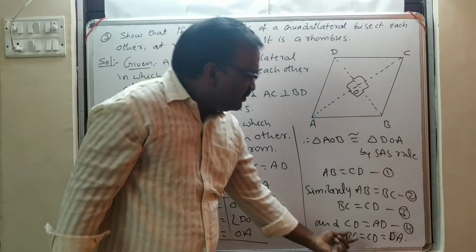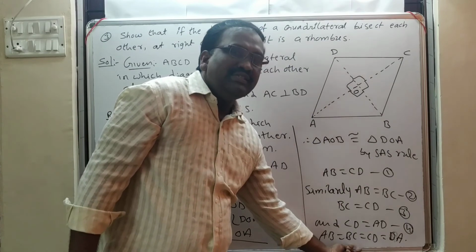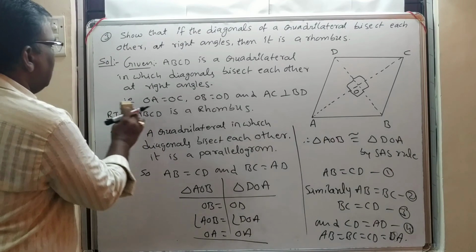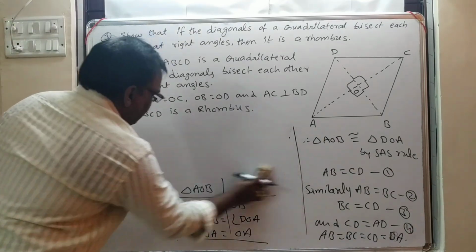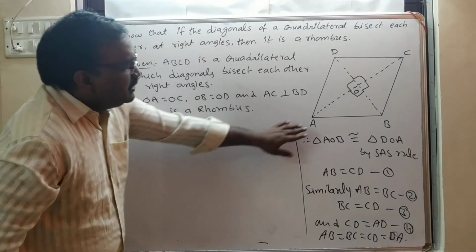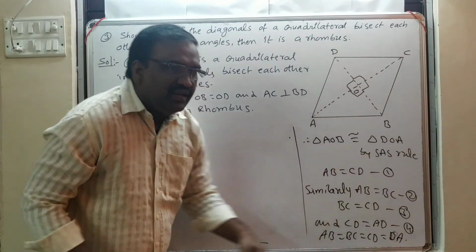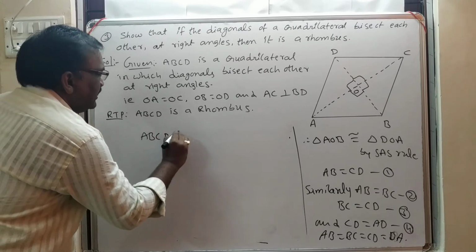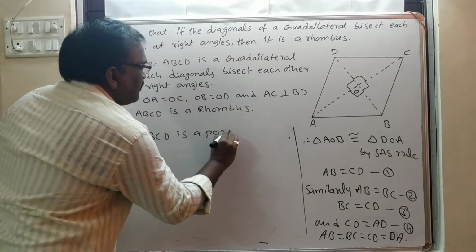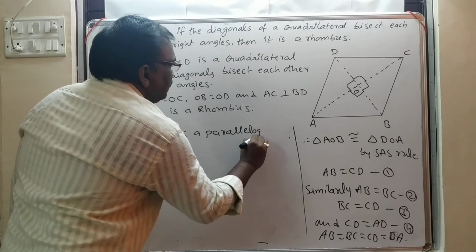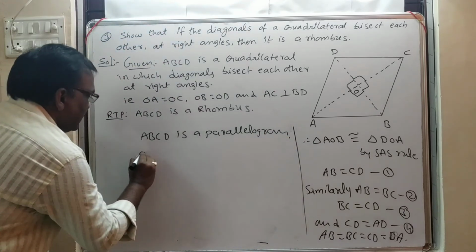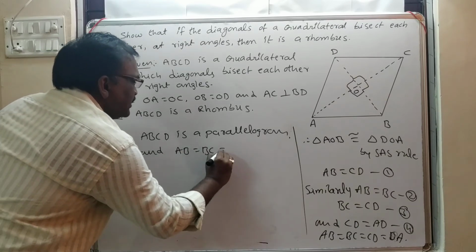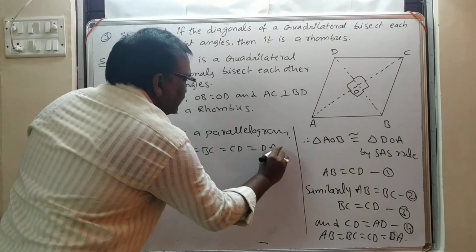In a parallelogram, if all sides are equal, then it is a rhombus. ABCD is a parallelogram and all sides are equal: AB, BC, CD and DA.